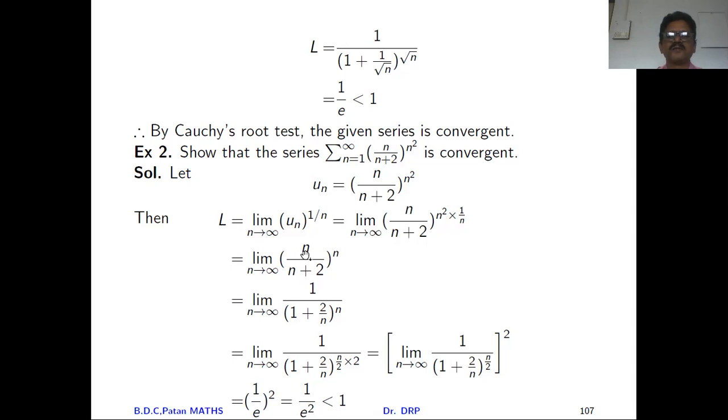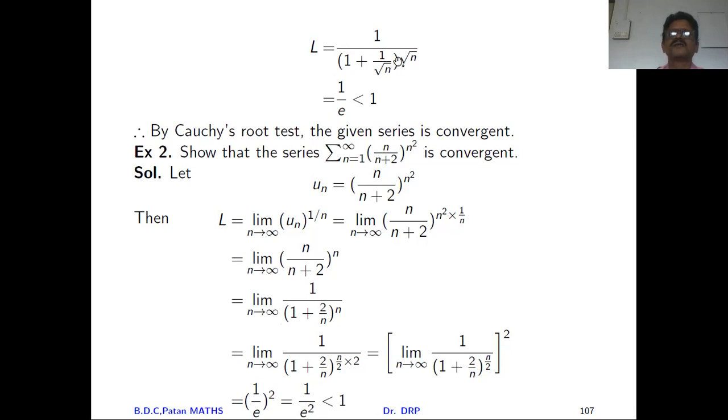And then friends, divide numerator and denominator inside this bracket by n. So it gives the limit as n tends to infinity of (1 upon 1 plus 2 upon n) raised to n. But 1 raised to n is 1. So there you will get (1 plus 2 upon n) raised to n.